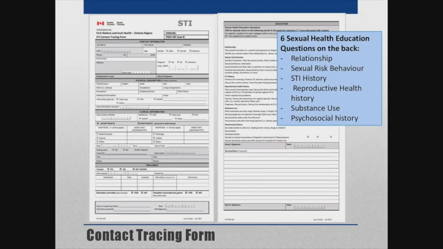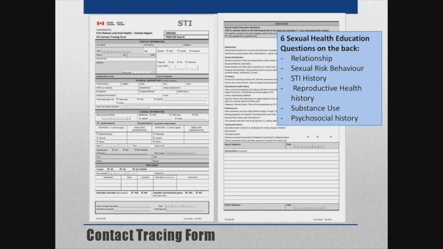This is what the contact tracing form looks like. Of course, we've highlighted a few of the major topic or heading areas. This can be found on the LMS to peruse at your leisure. Certainly 6 sexual health education questions are on the back related to relationship, sexual behavior and risk, sexually transmitted infections history, reproductive health, substance use, and psychosocial history.